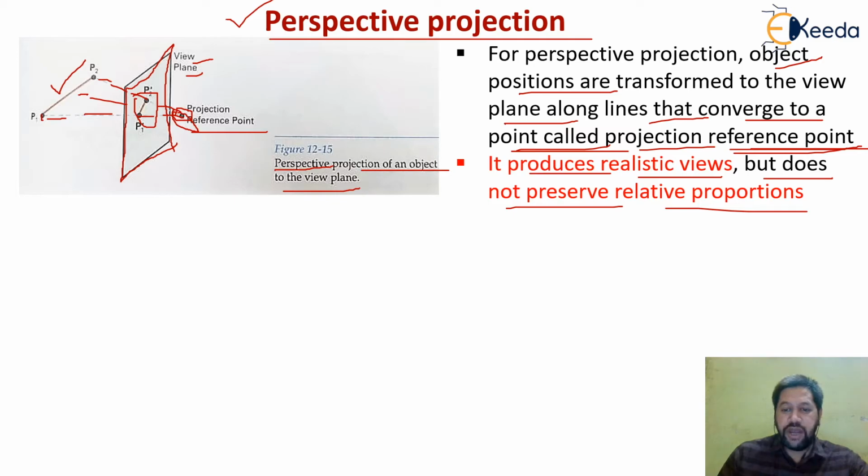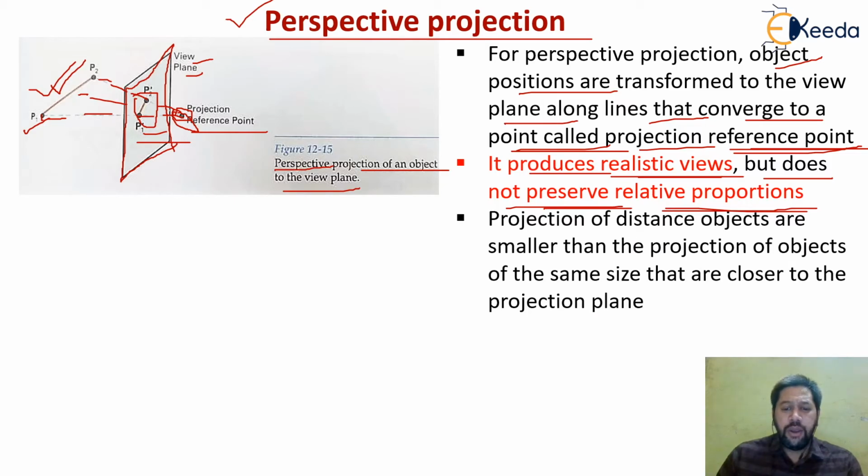The actual length of this line between points P1 and P2 may be more, but on the view plane it is displayed as a small line. So the exact proportion of my original object will not be displayed; the view plane will not display the relative proportions of the object.